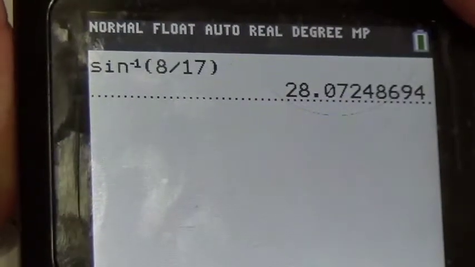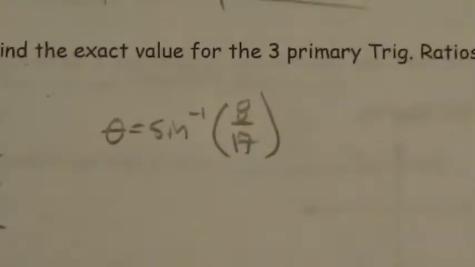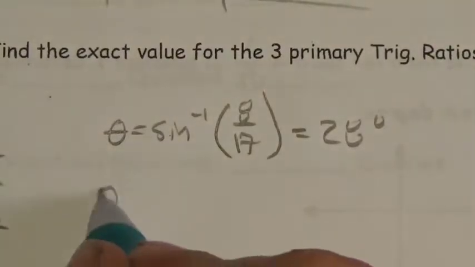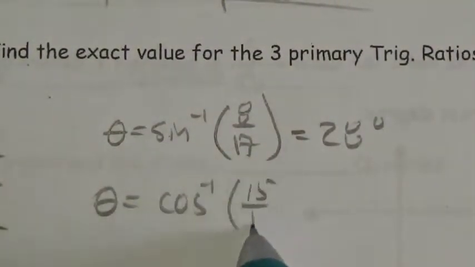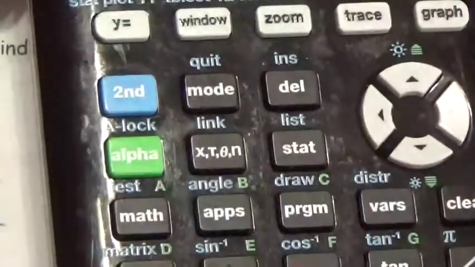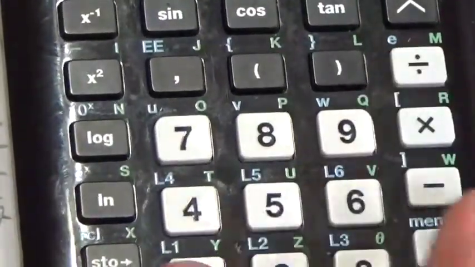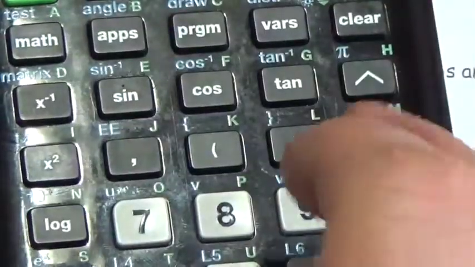And normally we're going to round angles to the nearest degree. That's just the convention here that we will normally take. So 28 degrees. Now, just to verify that that is in fact the truth here, and it shouldn't matter which one we use, I'll do that with cosine as well. So second cosine, in this case it'll be 15 divided by 17, and actually I'm a little concerned that I hit another button there, and I did. Divided by 17.